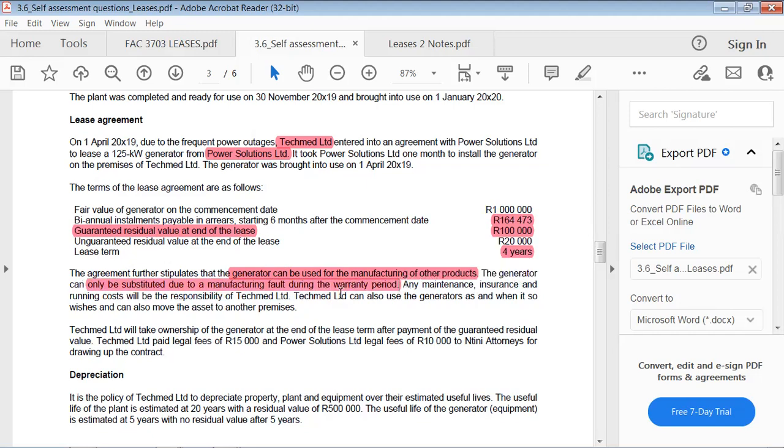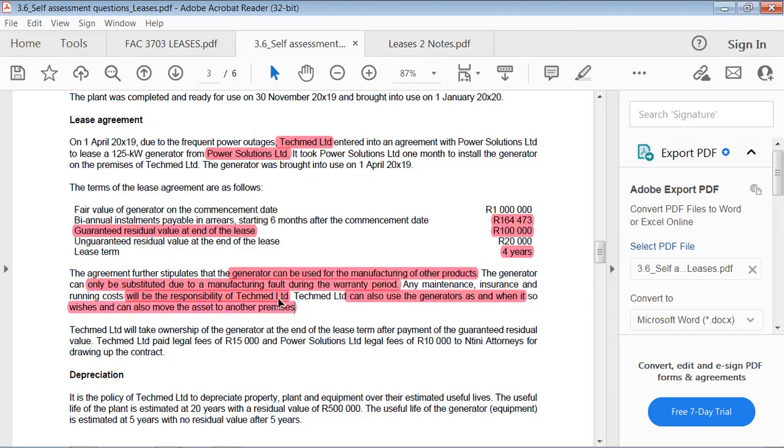Any maintenance, insurance, and running costs will be the responsibility of TechMade Limited. TechMade Limited can also use the generator as and when it so wishes, and can also move the asset to other premises.